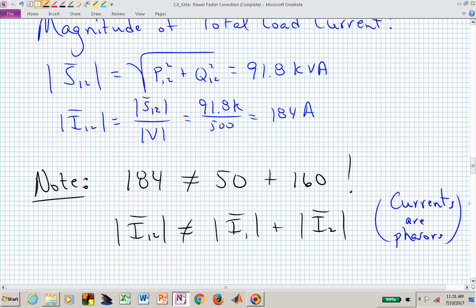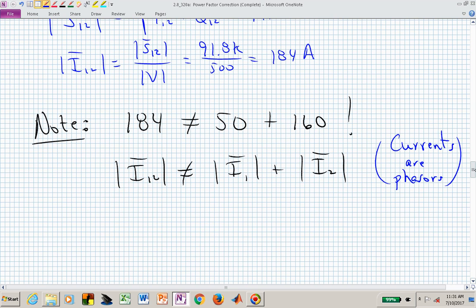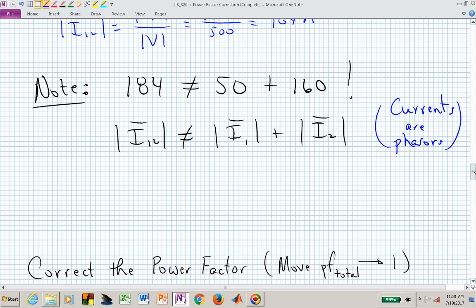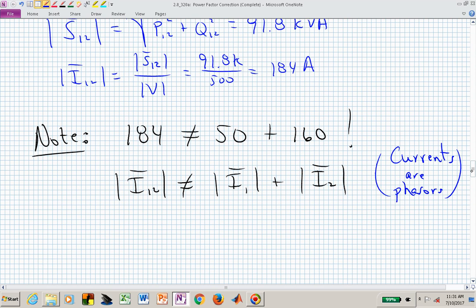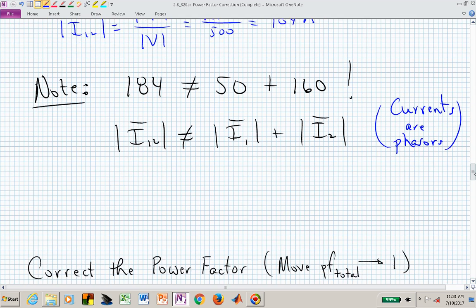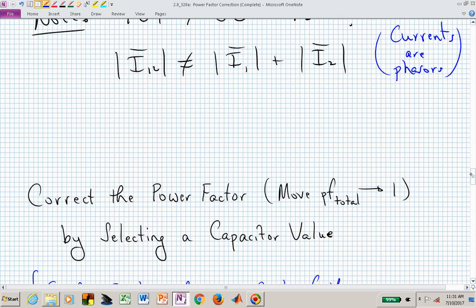And what we want to do now is we actually want to try to improve the power factor and see if we can reduce that 184 down by introducing a capacitor into the load side or near the load, so that we can maybe reduce the demand of the generator side or on the supply side of our circuit.